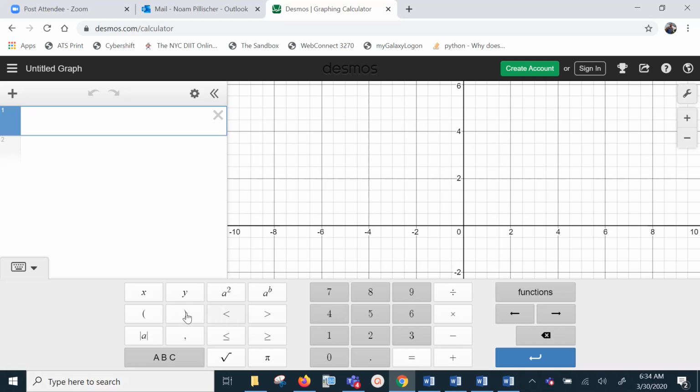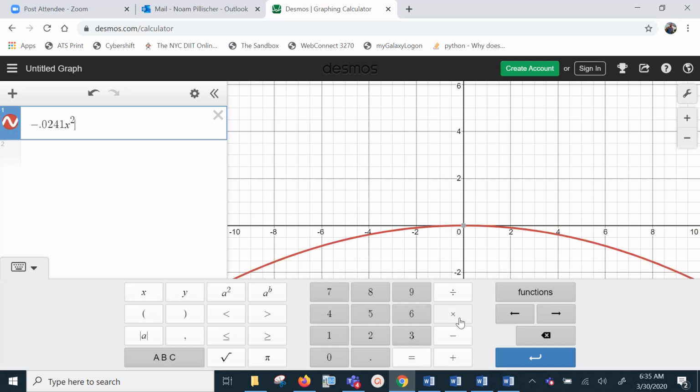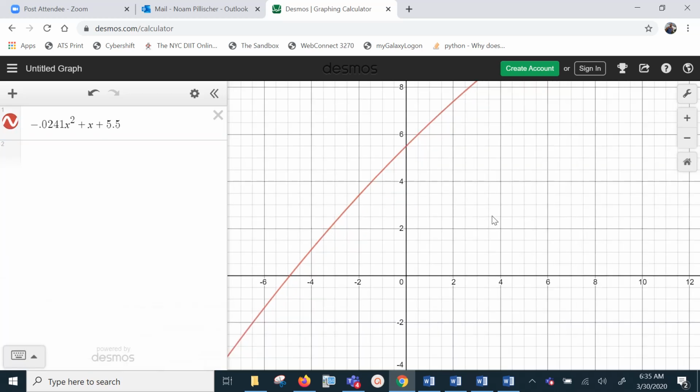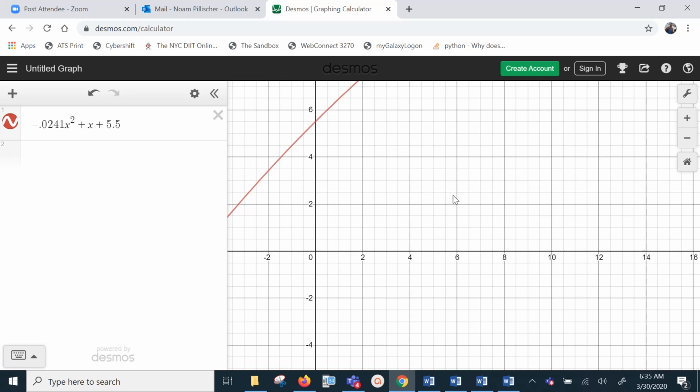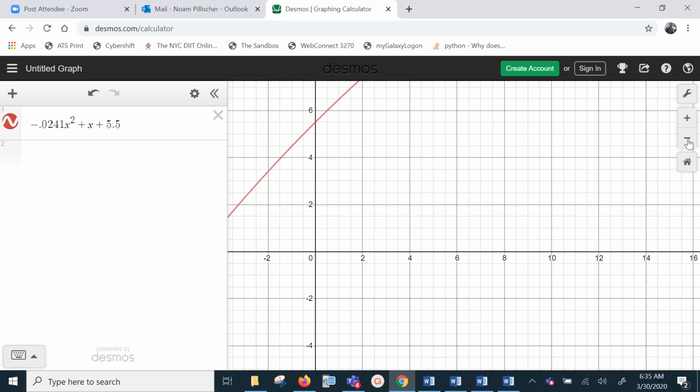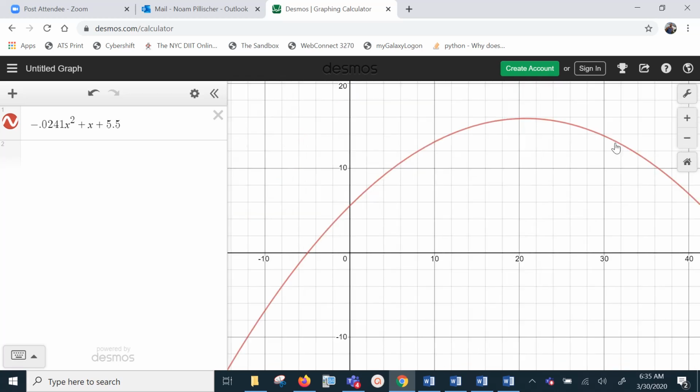So negative 0.0241 x squared plus x plus 5.5. Okay? Now, you might say right away, hey, this is not helping me, right? So you have to zoom out. All right, so we zoom out.